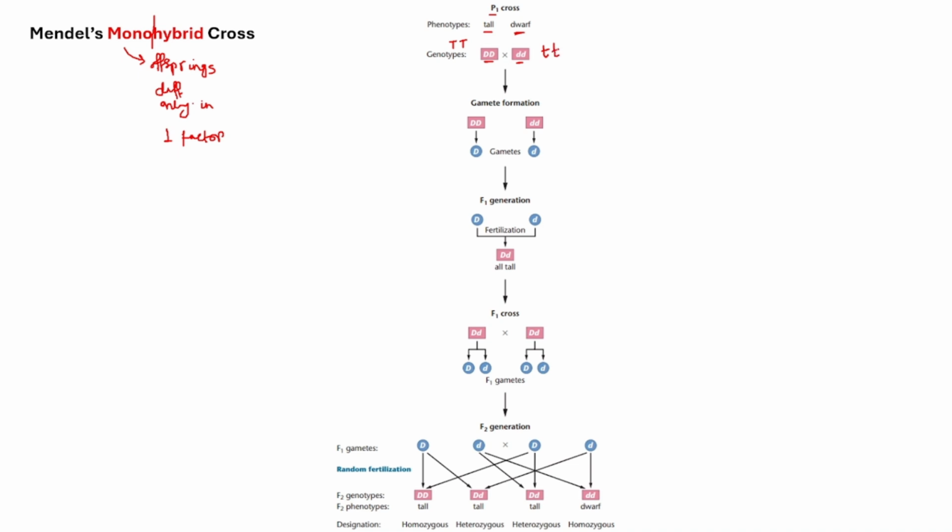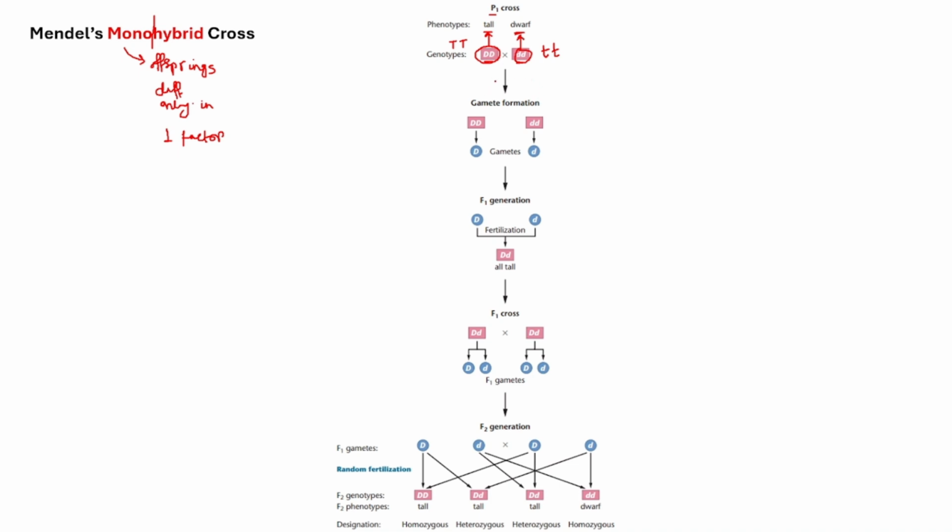It is up to you whichever representation you want to use, and you proceed with the cross using that one. Here we are using capital D as the genotype representation of the homozygous tall parent, and small d as the genotypic representation for the homozygous recessive or dwarf parent.